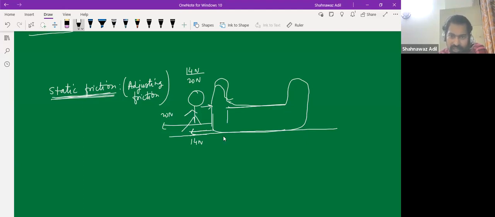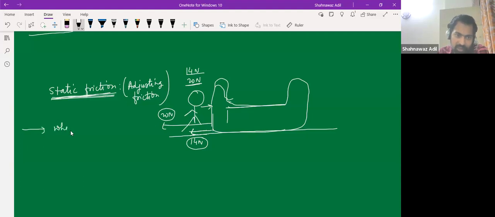So you saw that at this point, the friction was how much? 14 Newton. And when we applied this 20 Newton force, the force changed to 20 Newton. So you see that this is adjusting force, right? Yes, sir. Okay. So this static friction is an adjusting friction.